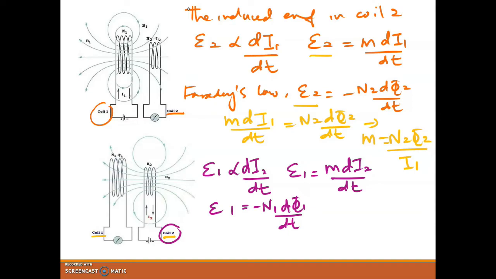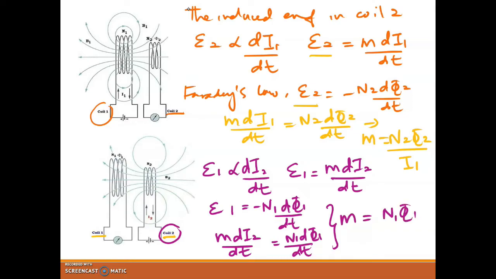So then we combine these two equations. So we got M dI2 over dt is equal to N1 dΦ1 over dt. So the result is M equal to N1 Φ1 over I2. You can find that these two M are the same.